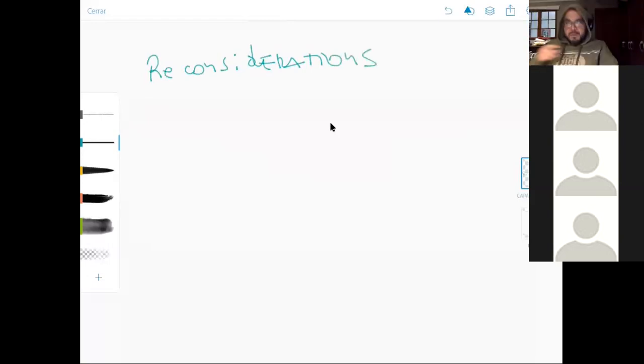Eso en su cuaderno, chiquillos. Necesito el análisis de eso. Reconsiderations. Unos 3 minutos, no es tan largo. Escríbalo en su cuaderno, lo hace.